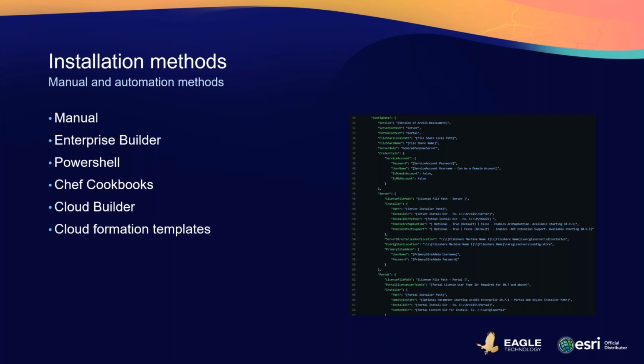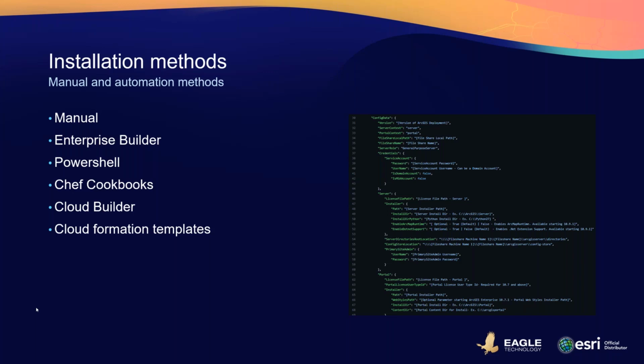But the key thing here is it's only a single machine deployment. So if you're going through a multi-machine deployment, then unfortunately you can't use ArcGIS Enterprise Builder. It works in two parts.